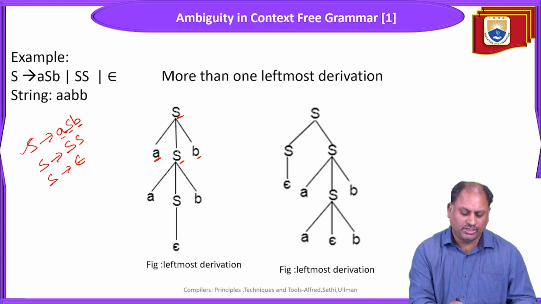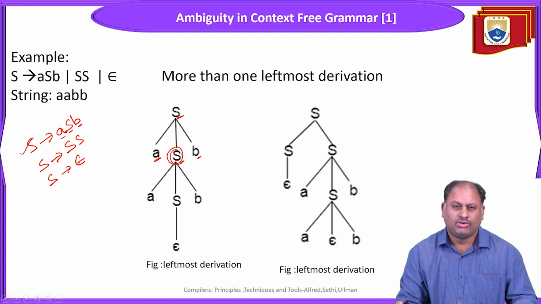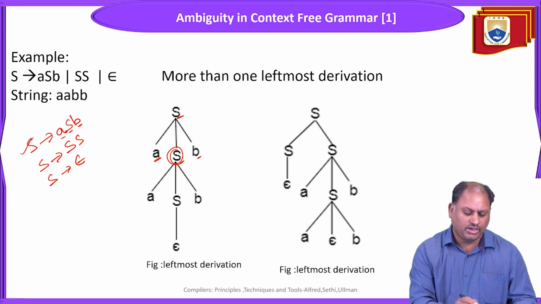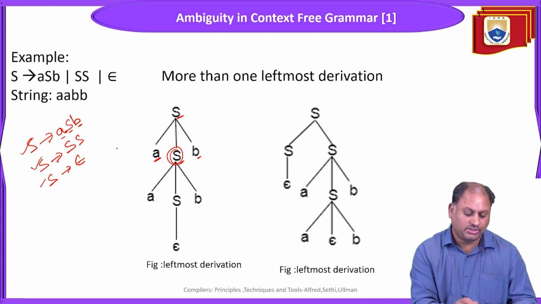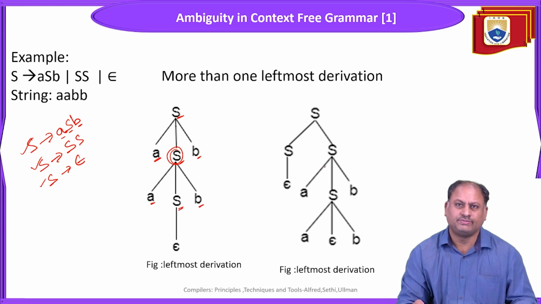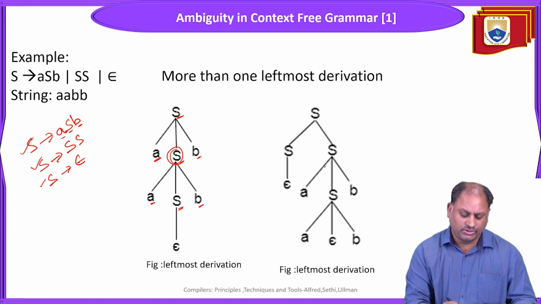Once again, you have the choice of opting for either this derivation or the second derivation or the third. For example, if you take the same derivation, aSb, small a, capital S, small b, and then we apply S derives epsilon as the third derivation.